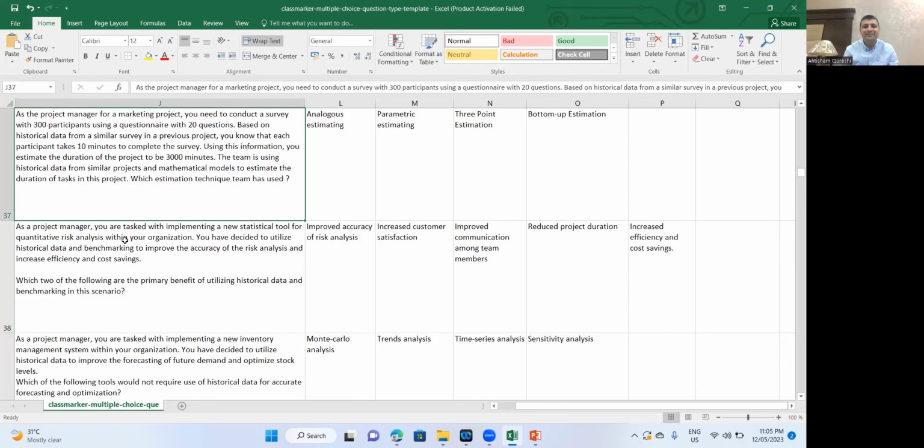Okay, 3-point, you know, right? Are they using 3 points? I don't think so. I don't know. I don't even think they're parametric estimating. Okay, good. You have an idea about parametric as well. Kumar, what do you think? As per, since I'm an engineer, I think it's analogous estimation, though I don't know what analogous means in PMP. Okay, guys. Kumar, what do you think? What should be the answer? One minute.